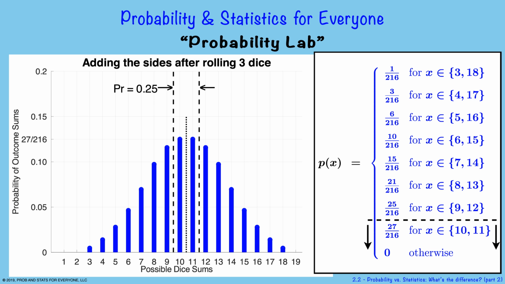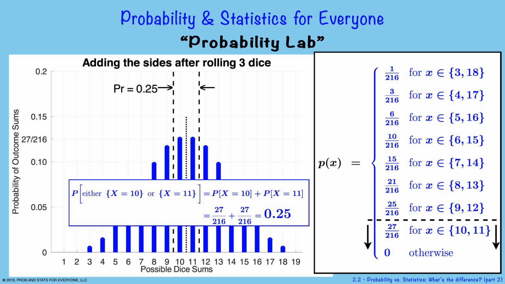We're going to begin by considering a proposed definition of typical as being a roll of either 10 or 11. What would be the probability of this composite outcome? The answer is found by adding the 2 individual probabilities together and coming up with a value of 0.25, or 25%.